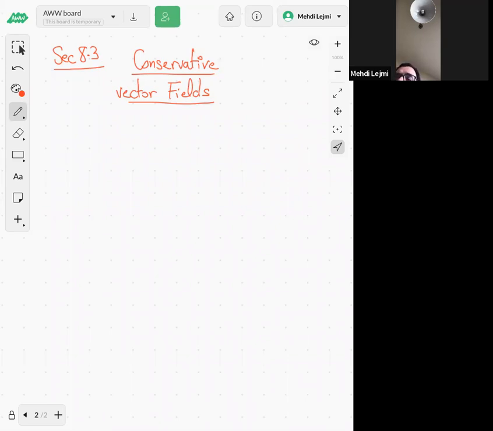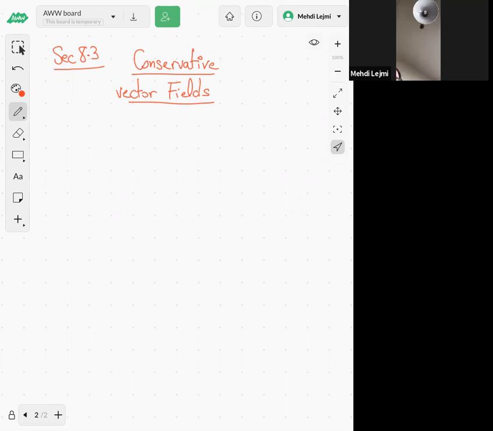So if you change your parameterization of your curve, it doesn't change your vector line integral, of course if you keep the same orientation. If you change the orientation, you're going to get the opposite answer.